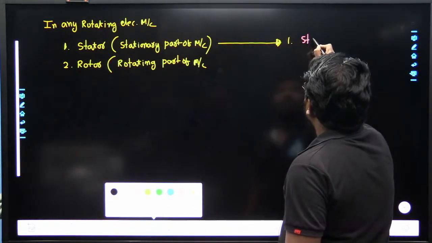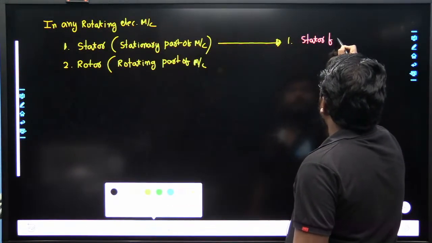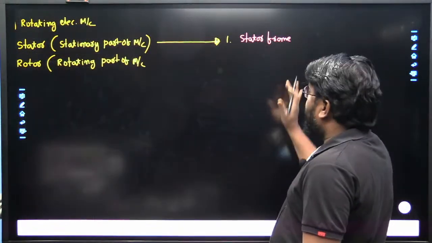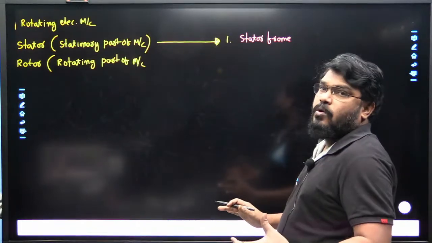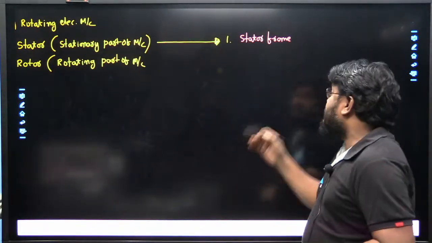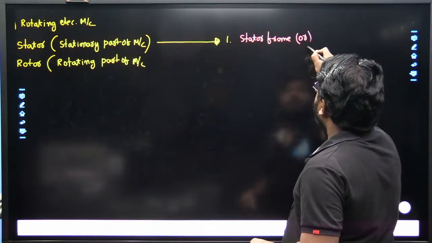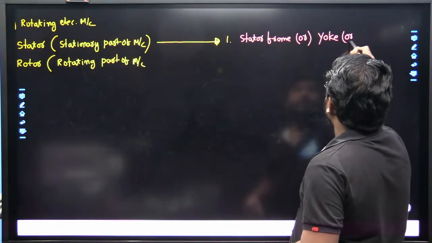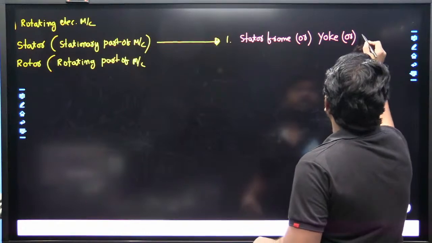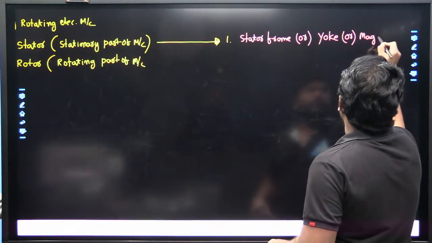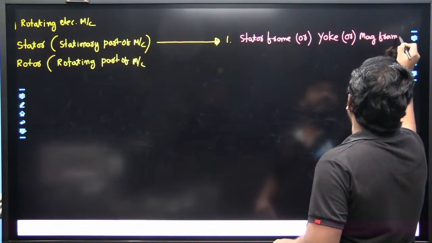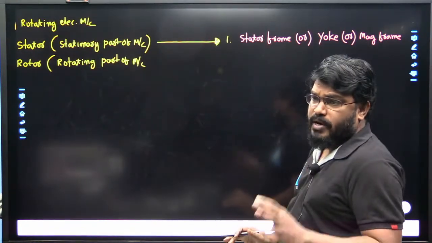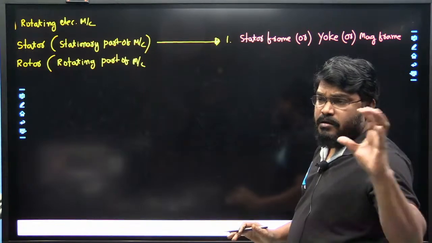This is the yoke, and it is also called the magnetic frame of the DC machine. Okay, all are the same: the stator frame, yoke or magnetic frame. These are the stationary parts of the DC machine.